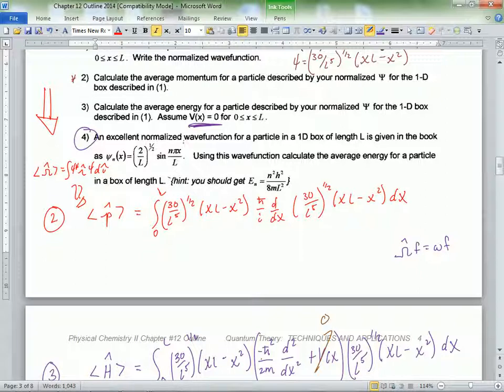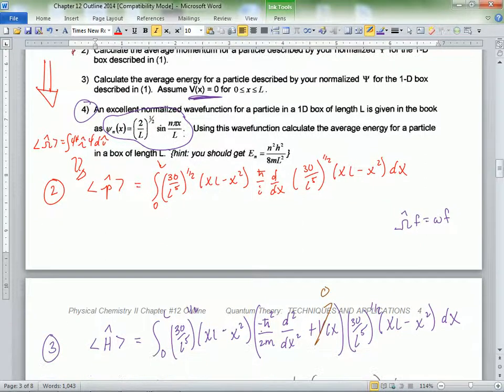So here they're giving us, all they're doing is changing the wave function to a much better wave function. And they're saying calculate the average energy. So you would set this up in a very similar way as to which question? Number 3.